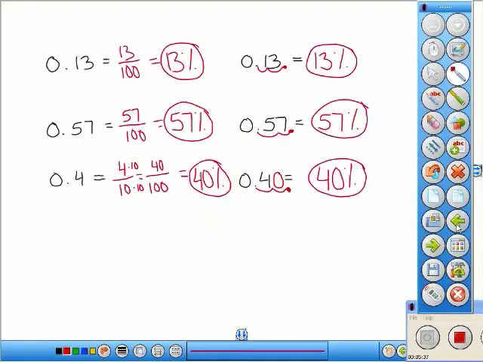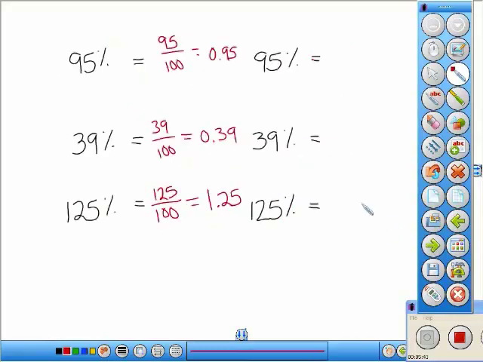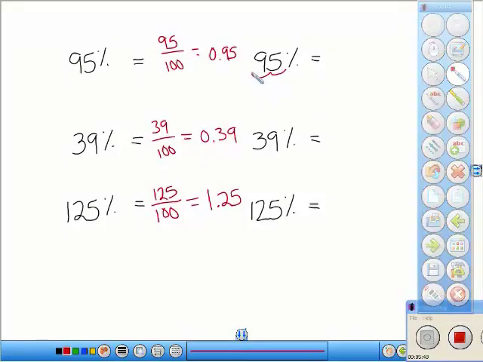Or we can do it backwards. Remember when we just moved the decimals 2 places to the right? Well, if now I'm going backwards, the decimal would be here. We're just going to move it 2 places to the left. So my decimal would now be 0.95. And I can always put a 0 in front of that. The decimal would be here, so let's go 1, 2. So now my decimal would be 0.39.